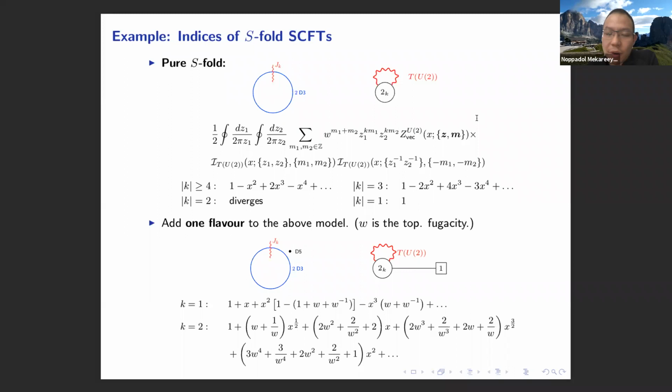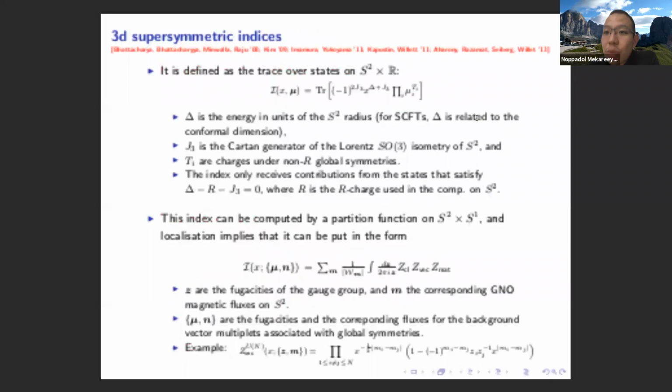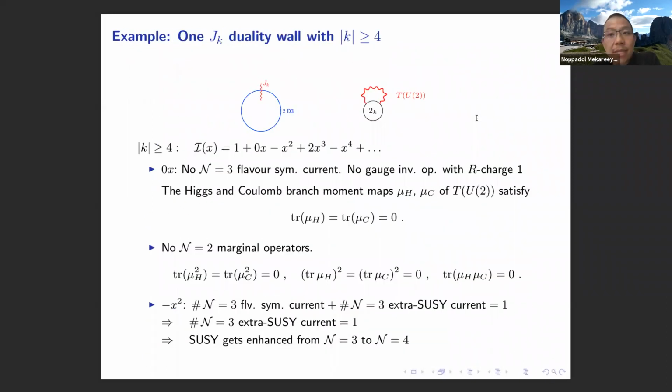Now you commonly gauge them, so you should break these two to the diagonal. But the surprise is that in many of these theories there is a supersymmetry enhancement, generically from N=3 up to N=4, or in some cases N=5.